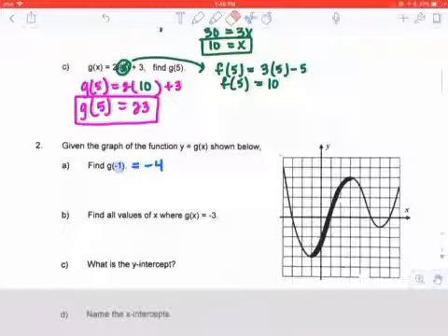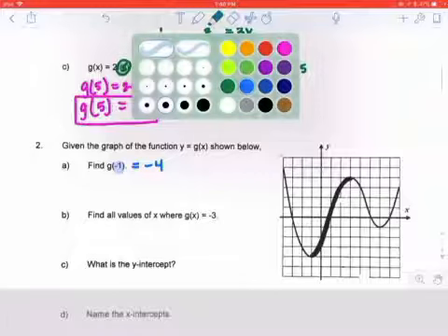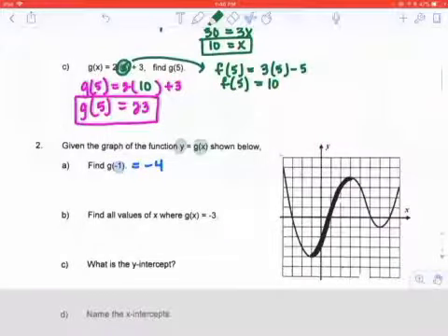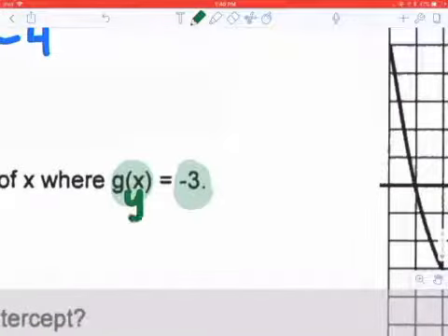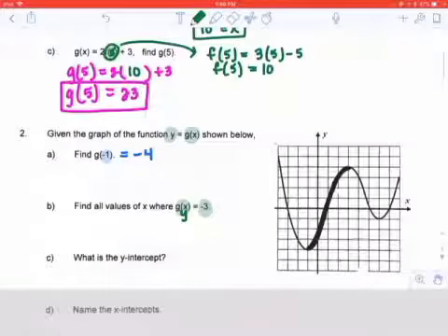B is different. Now I give you the y, you find the x. It says up here that y equals g of x. So if I say g of x equals -3, I really want to know where y equals -3. So where is y equal to -3? -3 is right here on the y-axis. So all along this line, y is equal to -3.